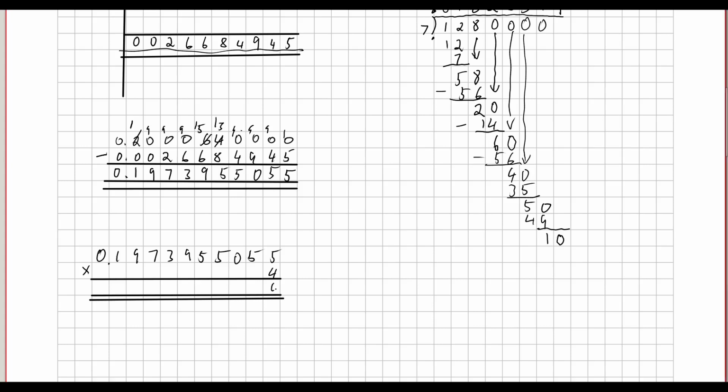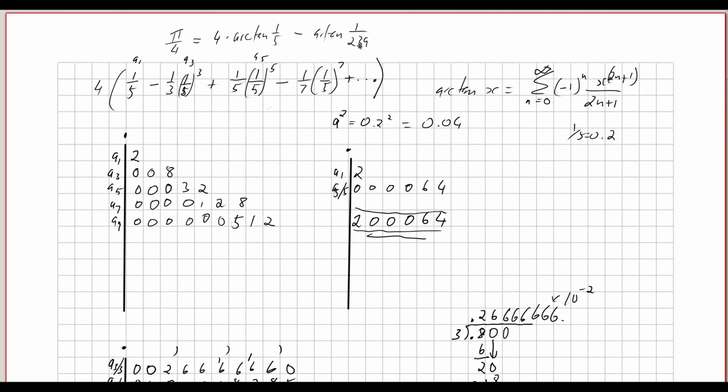Right, so 4 times 5 is 20, carry the 2, so 4 times 5 is 20 again, so 22, 4 times 0 is 2, 4 times 5 is 20 again, 22, carry that, 4 times 9 is 36, so 8, carry that, 4 times 3 is 12, plus 3 is 15, 4 times 7 is 28, so plus 1 is 29, 4 times 9 is 36, so plus 2 is 38, and 4 times 1 is 4, plus 3 is 7. So we'll get 0.7895820020.